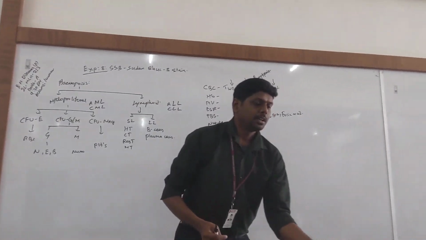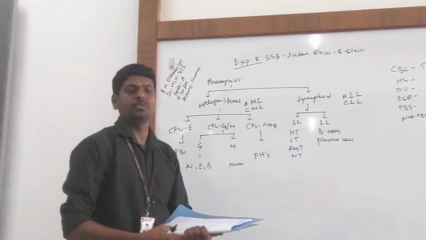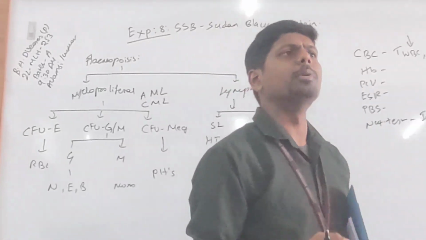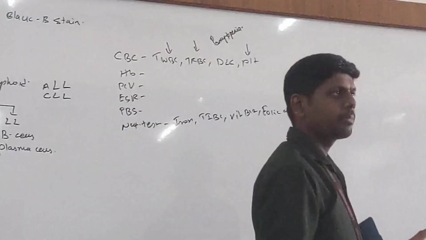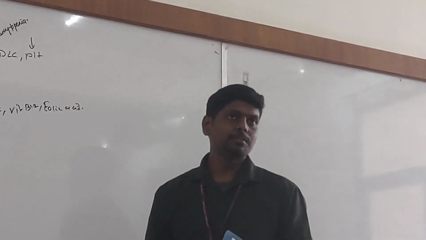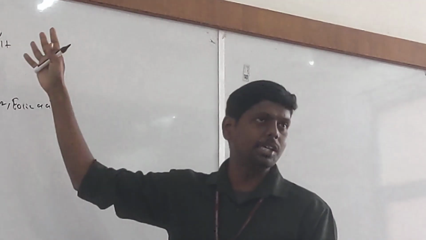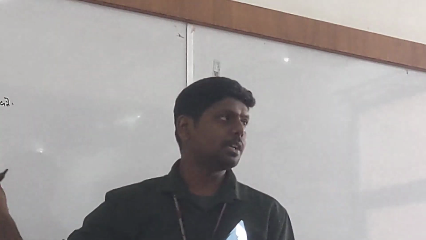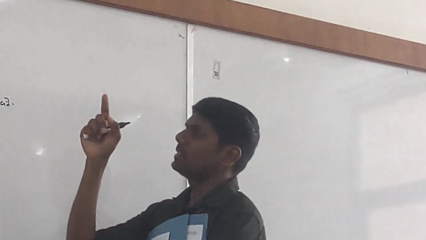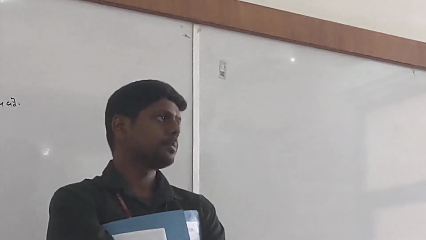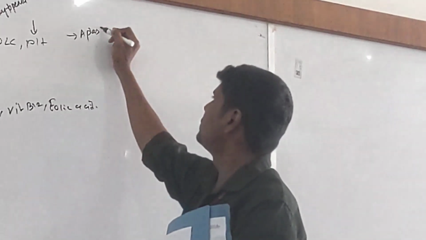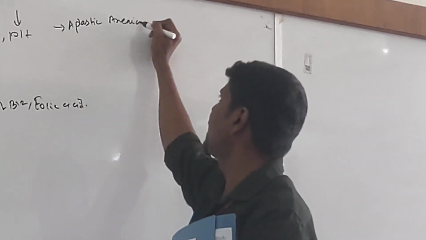Clear? I will connect it with today's test. First you understand these things. Now, let us see one cause probability. We have observed pancytopenia in the patient. All cells are reduced in the CBC. In what conditions will all cells be reduced in the CBC? One, aplastic anemia, that is bone marrow failure.